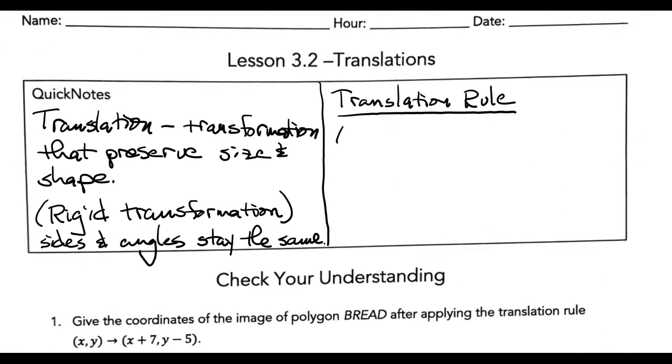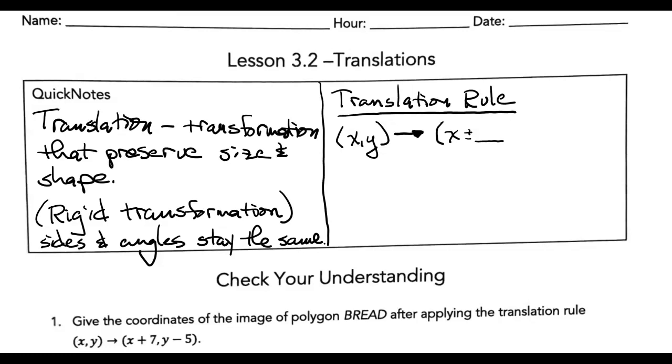So let's say we start with some point x comma y, and then we make this arrow here. This arrow is required as part of writing the rule. And then we're going to take all our x values and we're either going to add or subtract some constant value. And you'll see when we look at some examples, we'll fill that in with a number.